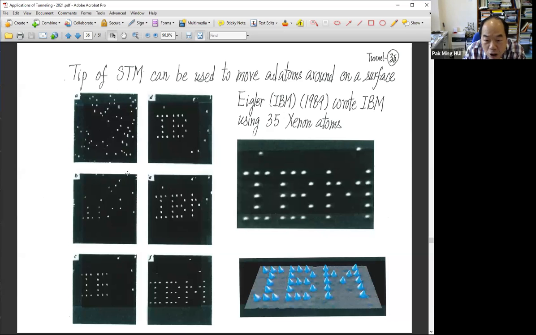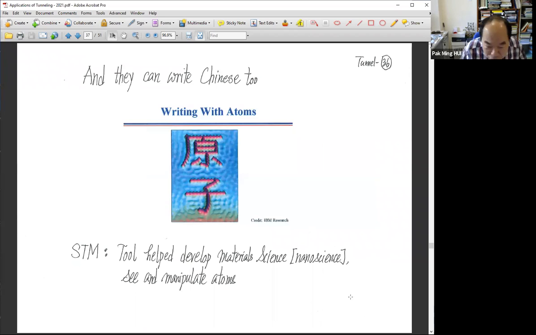Here is a picture of putting some extra xenon atoms on the surface and then using the tube to place the atoms at will, so that at the end IBM was painted by the atoms on the surface, okay? So obviously it's done by IBM. Of course, one can write Chinese, okay? But it's written by Japanese, I think, this one, okay?